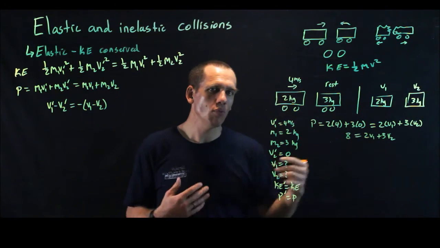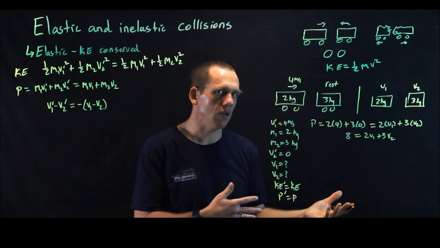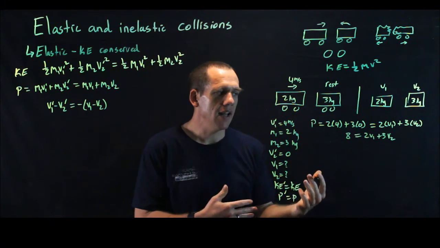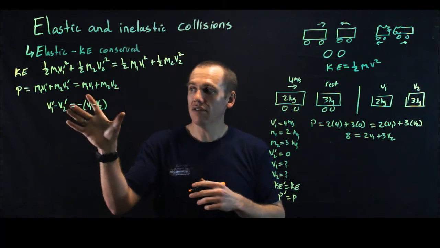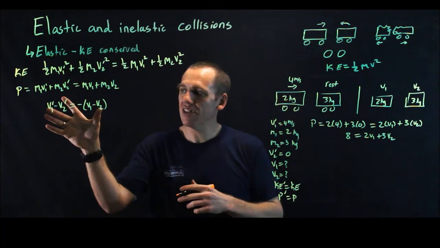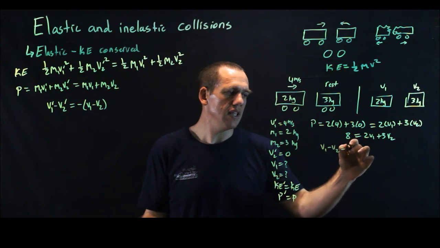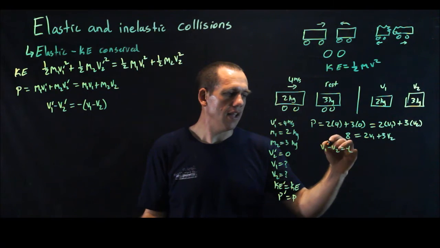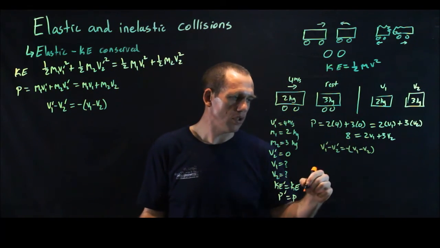Now that presents a problem we've not had to deal with before, and that's where we have two unknowns in one equation. But when we have that, all that means is we have to go and grab the other equation that will allow us to solve for that, right? So I have this other equation that says V1 prime minus V2 prime equals the opposite, or negative, of V1 minus V2 afterwards.